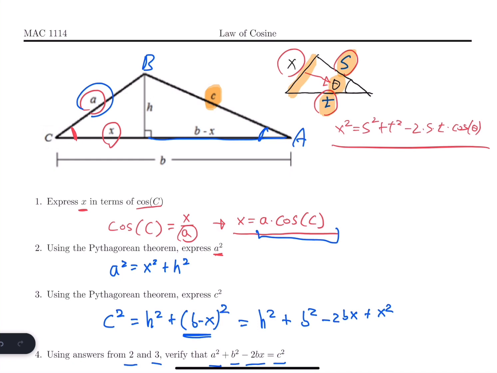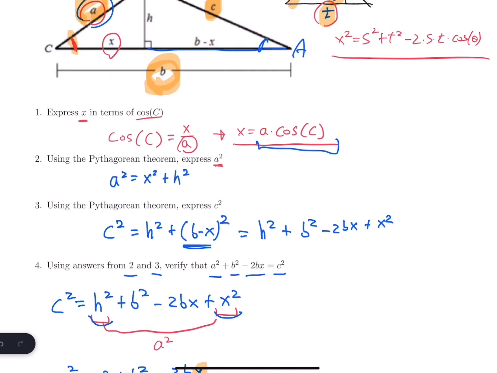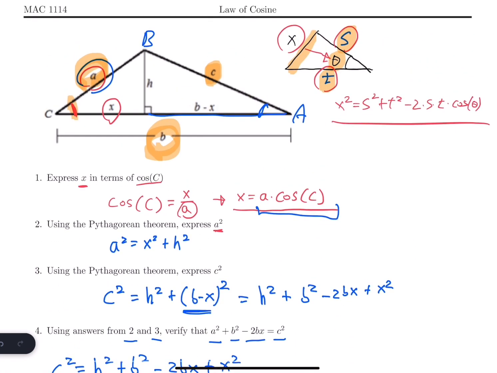This squared equals the other two lengths squared, b squared and a squared, minus 2 times a times b times cosine of the facing angle. That's the format of the law of cosine. So try to remember it by relating to the triangle. Don't just try to remember a, b, c, 2ab cosine C. Try to relate it to the given triangle, like I did here, right?